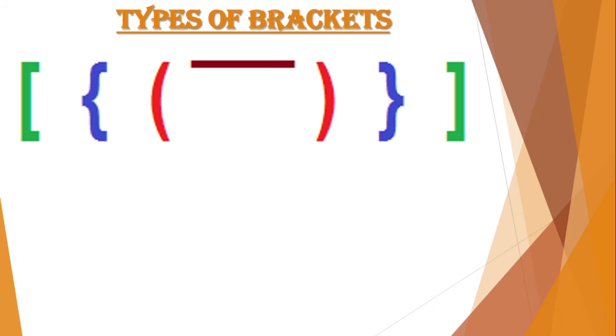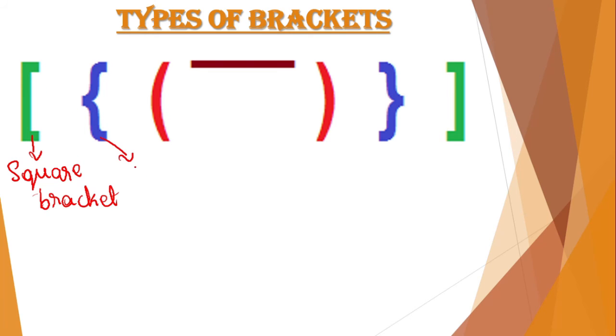So first learn what the types of brackets are. The first bracket is the square bracket. You can see this bracket is like a square, right? So it's known as a square bracket.